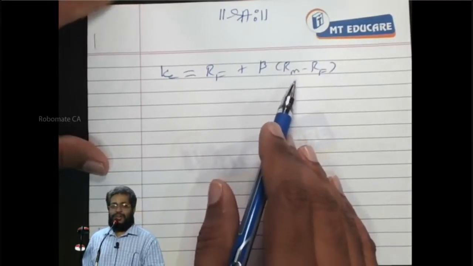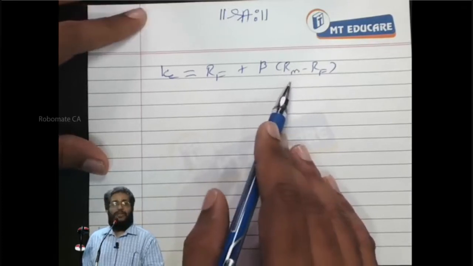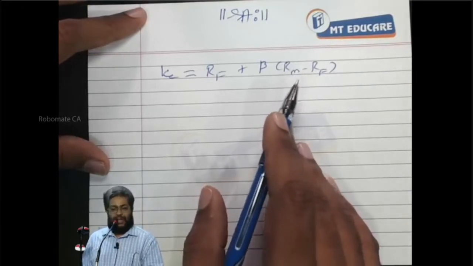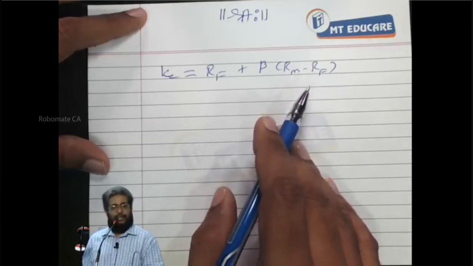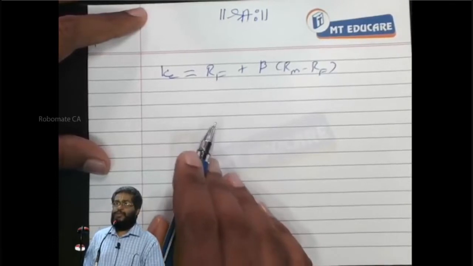Last class we discussed how to find return on market portfolio: take the index movements as capital gains, and the dividend yield will be published by the stock exchanges.